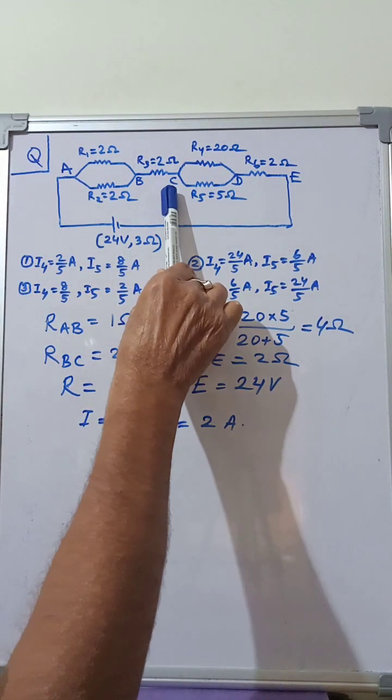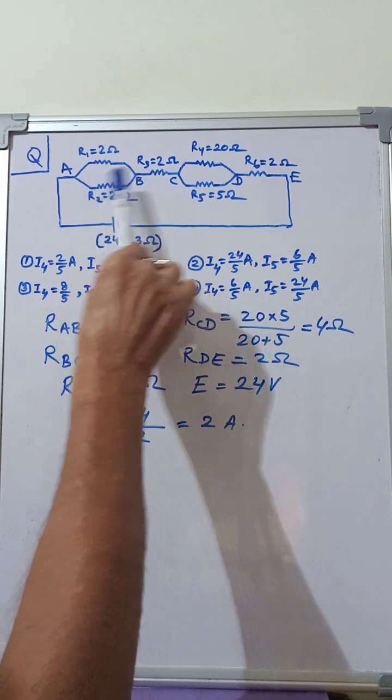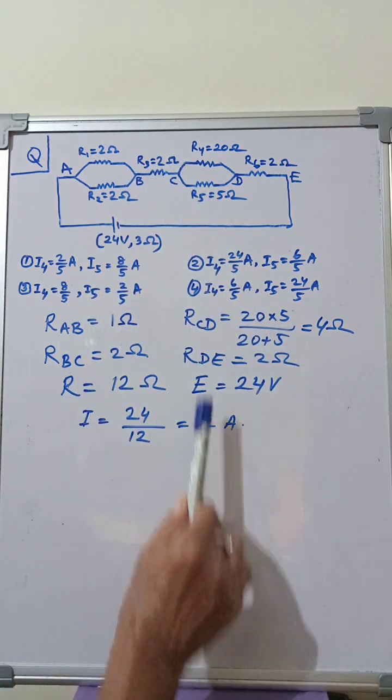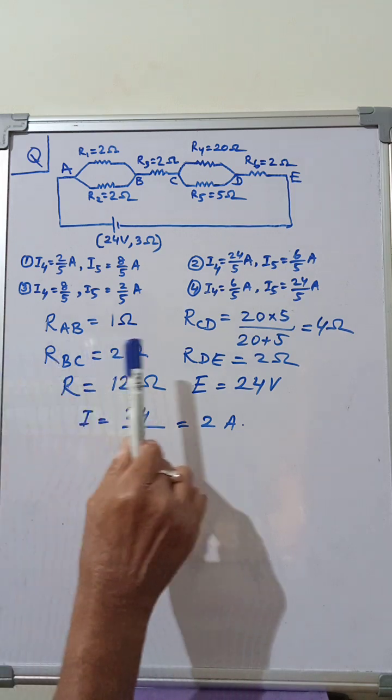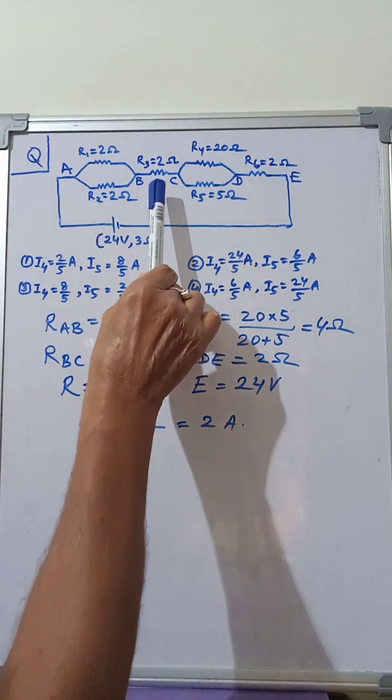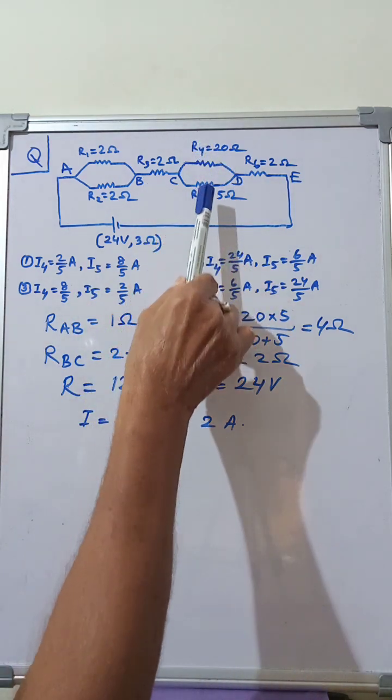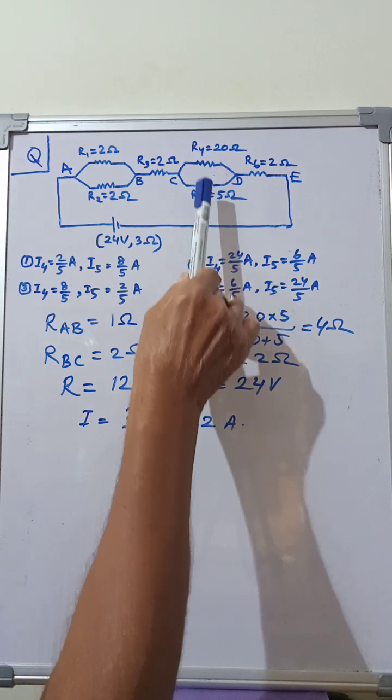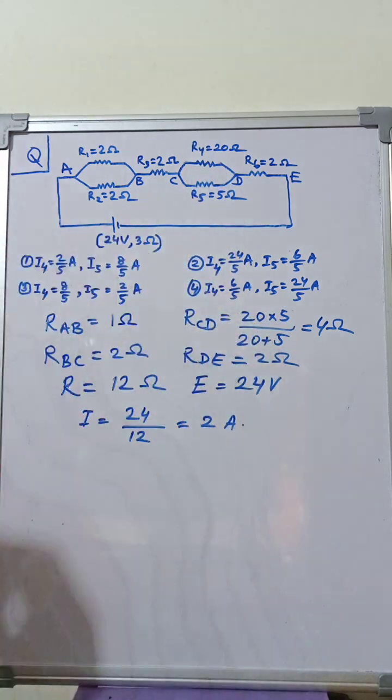Now at point C in the circuit, the current flowing from B to C is 2 amperes. Now, this 2 ampere is divided between the two branches. Therefore, the sum of these two currents, I4 and I5, should be equal to 2 amperes.